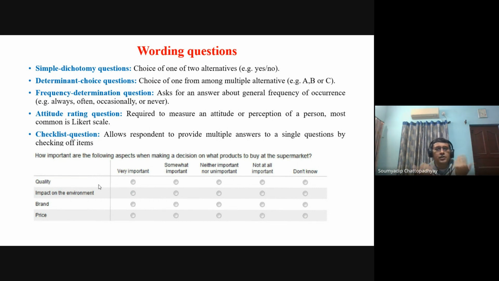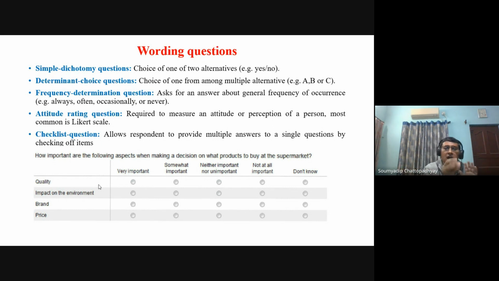Or for example, in the context of economics, we generally use a question like whether a family is owning a house or not. Suppose as a researcher we are interested to know what are the factors which are influencing any particular family's decision to own a house. Obviously there are many factors.